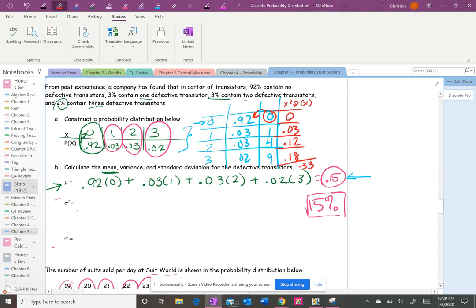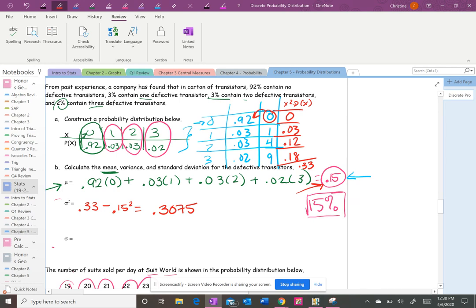And here we go. The sum of all of this was 0.33 minus the average squared. This is the average that came from the answer on Friday. If you didn't do this on Friday, that's how we got the answer. So 0.33 minus 0.15 squared is 0.3075.